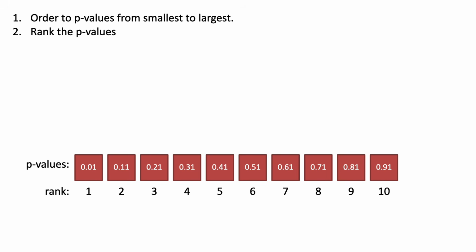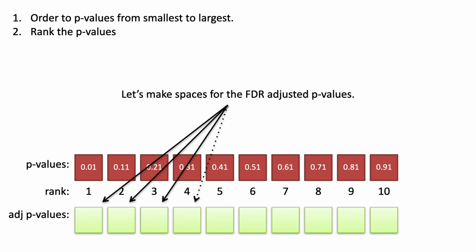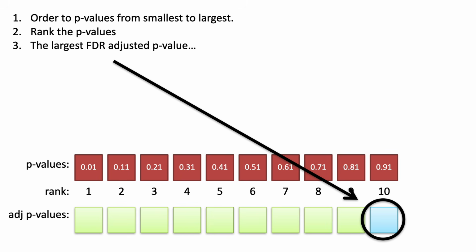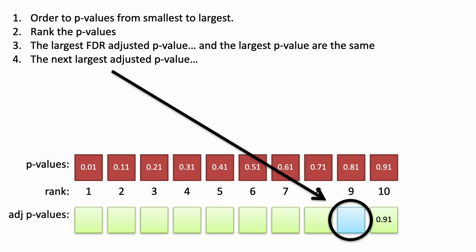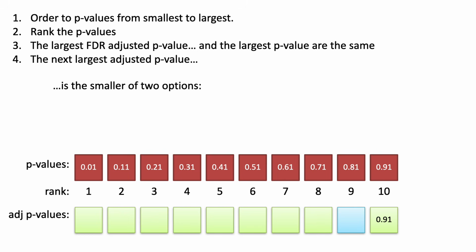The second step is to rank the p-values. And let's make spaces for the FDR adjusted p-values that we're going to create. The largest FDR adjusted p-value and the largest p-value are the same. The next largest adjusted p-value is the smaller of two options.